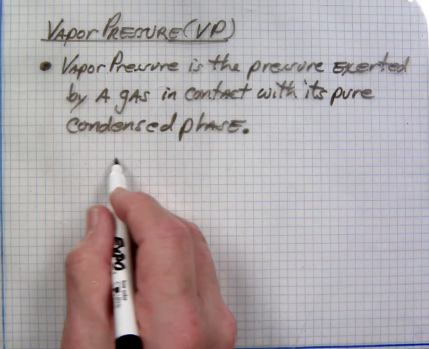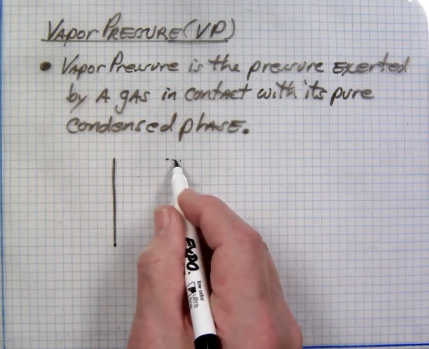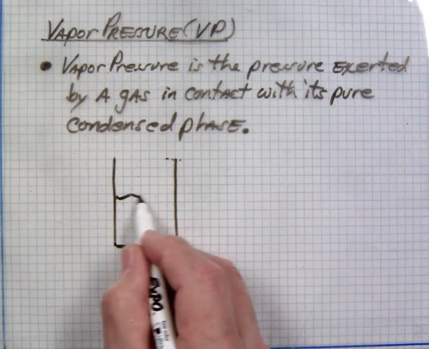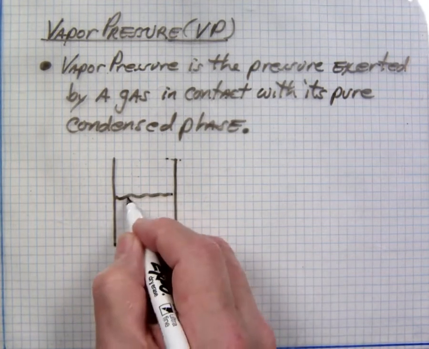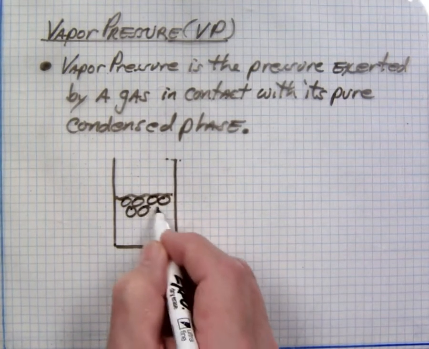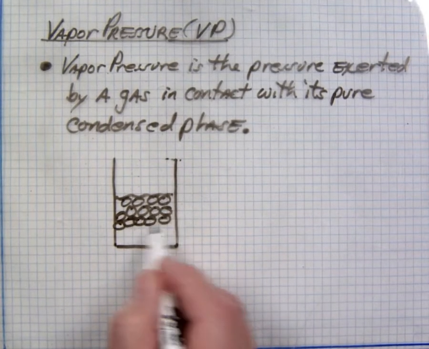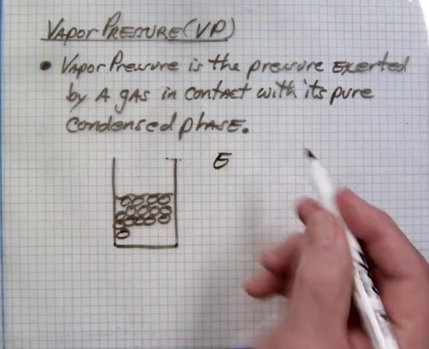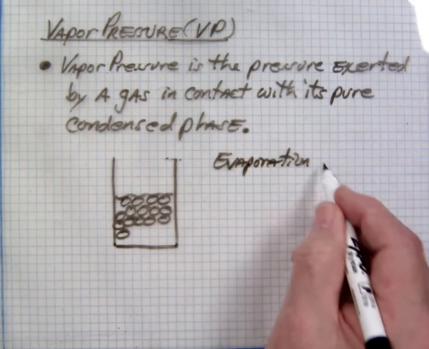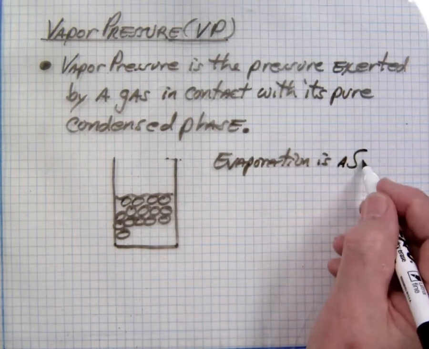Water, for example, is a good familiar item. If we have a container of water, we will find that water molecules will escape from the surface. Evaporation, and if you want to make a note here, is referred to as a surface phenomenon.